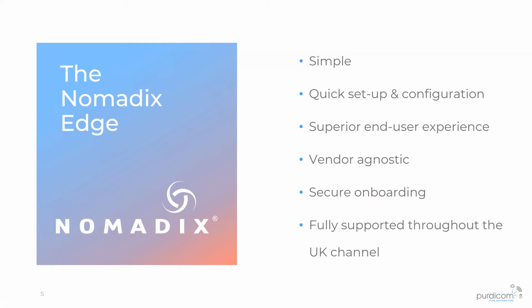Superior end user experience. As I mentioned earlier, it is nice and easy. I think we can all agree the most important thing for end users when they're trying to join a network, when they're walking into a hotel or an MDU building, anywhere, is an easy, slick, nice way of joining on. And this offers it.